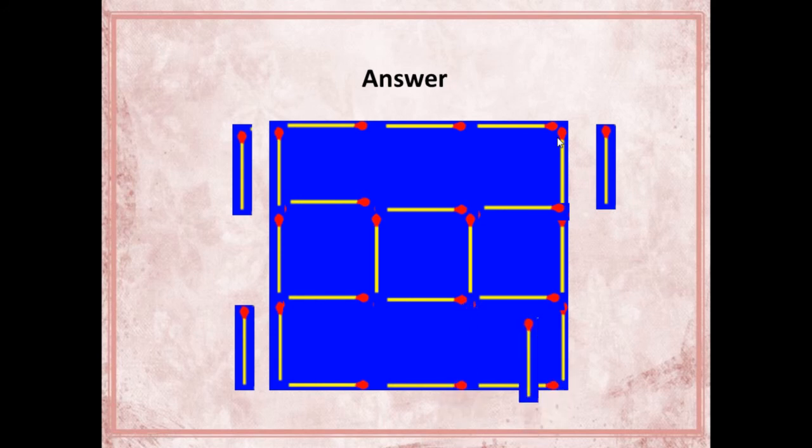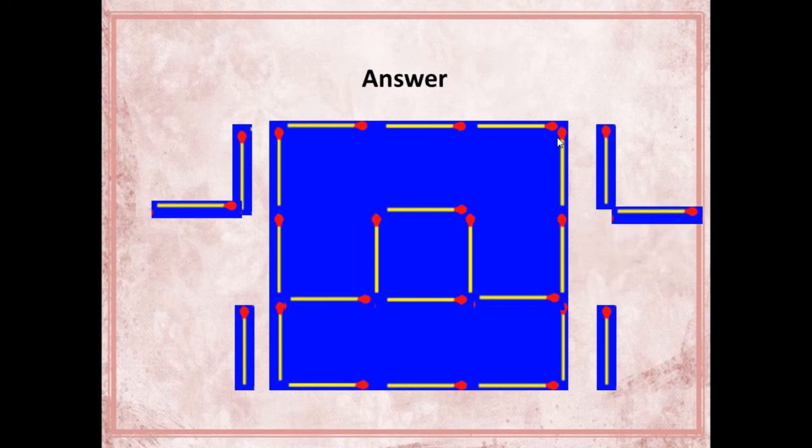So you remove this, and then this one, and then another. So that's 3, that's 4, that's 5, 6, 7, and 8. So how many squares do you see now?